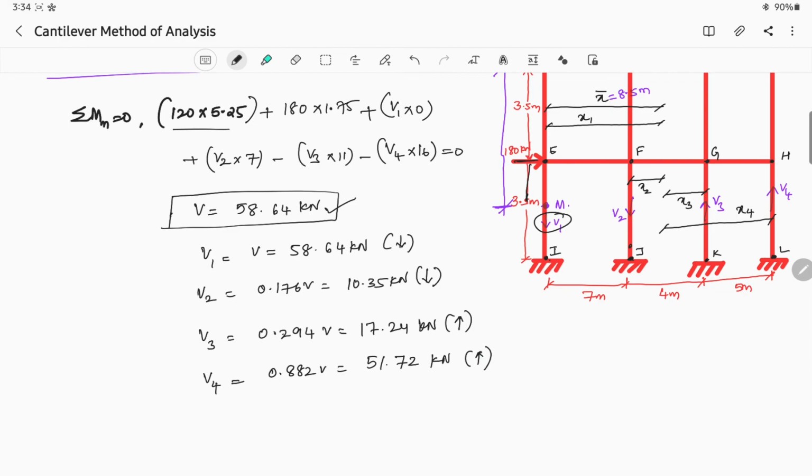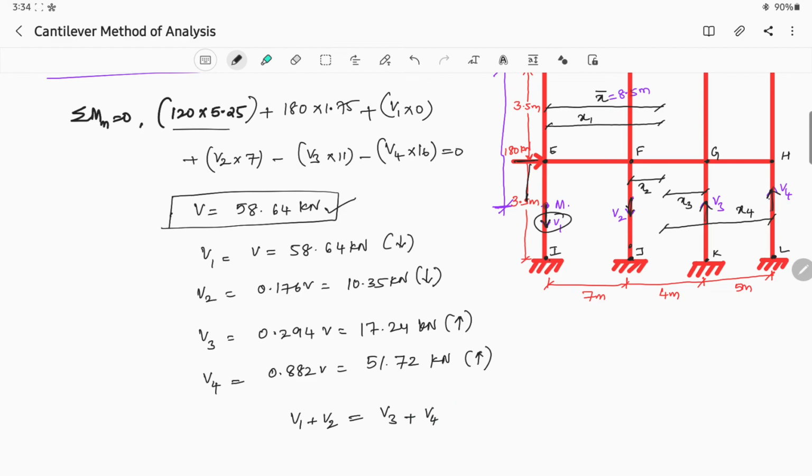Okay, and always remember, whatever forces are going in downward direction, that is V1 and V2, these two forces are going downward, and the remaining two forces, that is V3 and V4, both are going in upward direction. So V1 plus V2 should be equal to V3 plus V4.